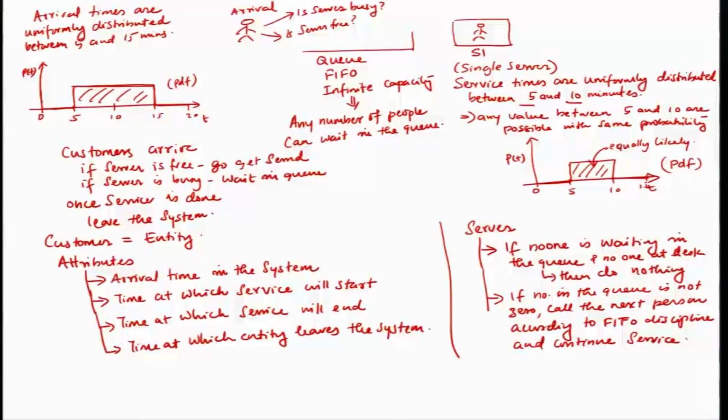So, the logic of the server who is doing the service is pretty much like this. If someone is waiting in the queue, queue length is not 0, then call the next person according to the FIFO discipline and then continue the service.